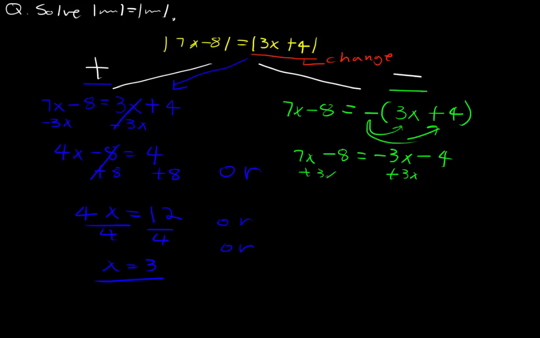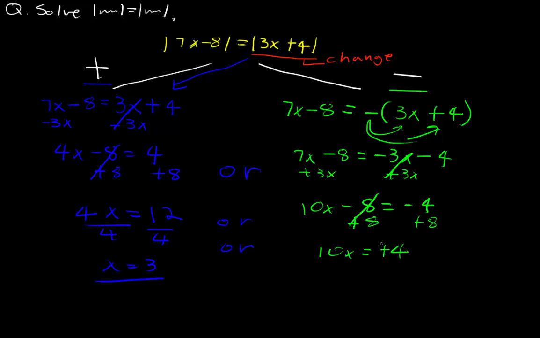So I have 3x on both sides here, and that makes it what? That makes it 10x minus 8 equals minus 4. So now I'm going to add 8 on both sides. So that way I can cancel these 8's and I get 10x equals positive 4.